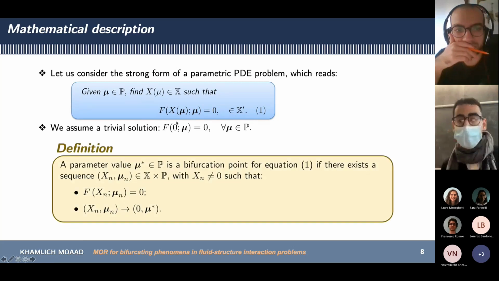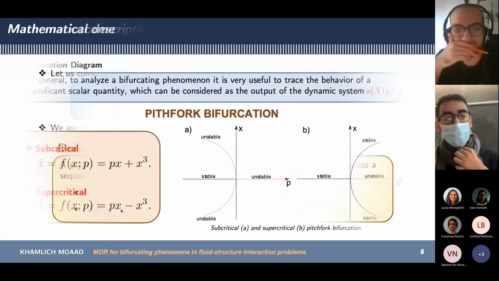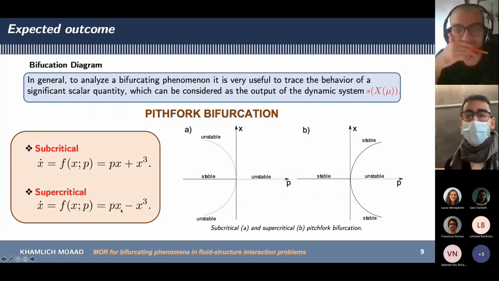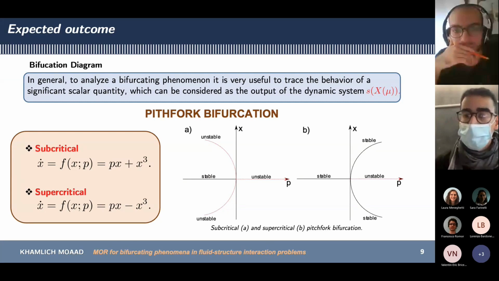And we can therefore define a bifurcation point as a point in the parameter space for which there is a sequence of non-trivial solutions which converges in a proper sense to the null solution associated with the same point. So, from a practical point of view, to effectively study bifurcating phenomena, we draw the so-called bifurcation diagram, which is simply the trend of a scalar output for different values of the parameter under consideration.